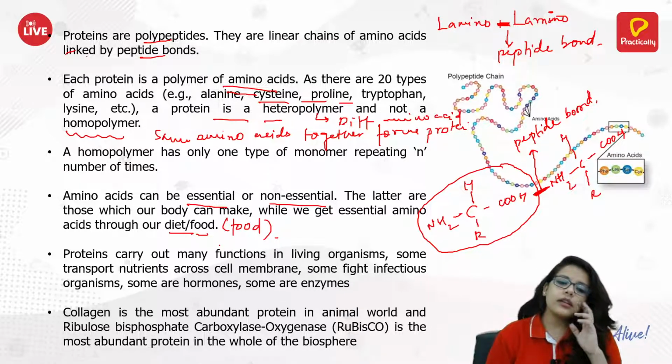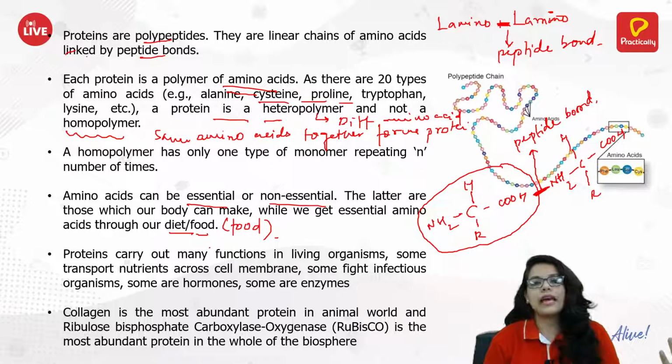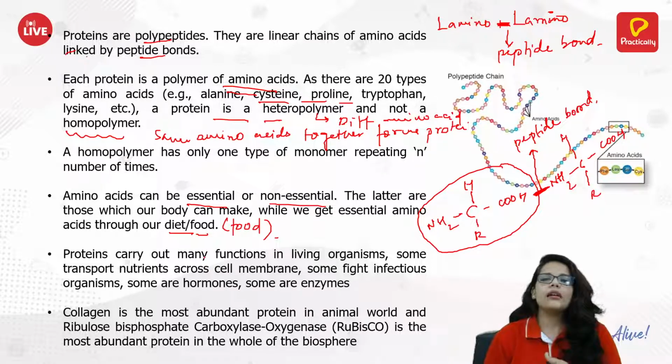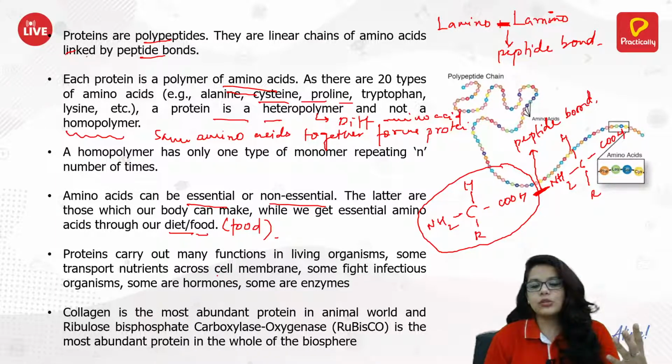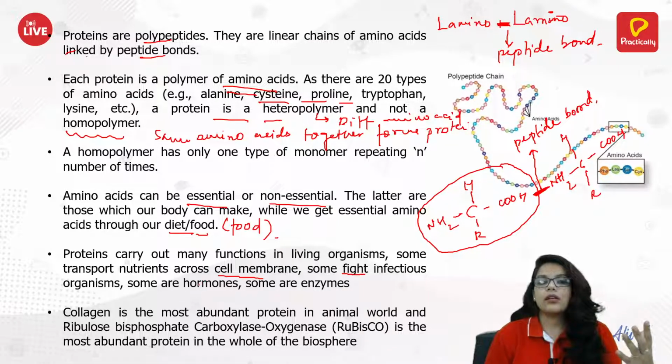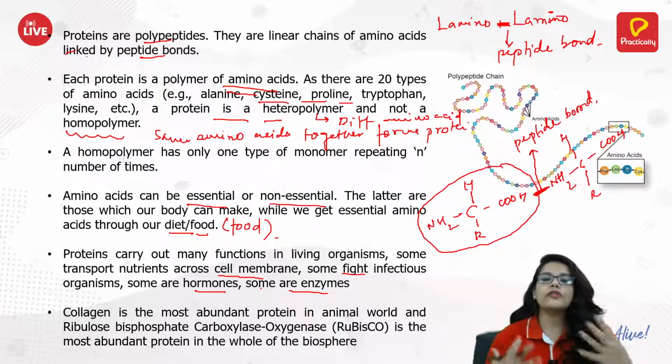Okay, and there are different things proteins can do. Just now I said, such strength they give. They do a lot of functions in organisms. There are nutrients across the cell membrane, they fight infections, there are hormones, there are enzymes. In all of these things, protein is present.